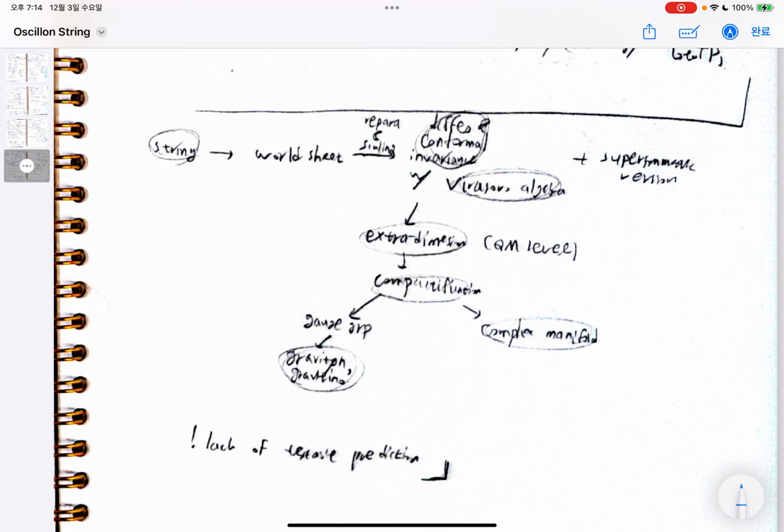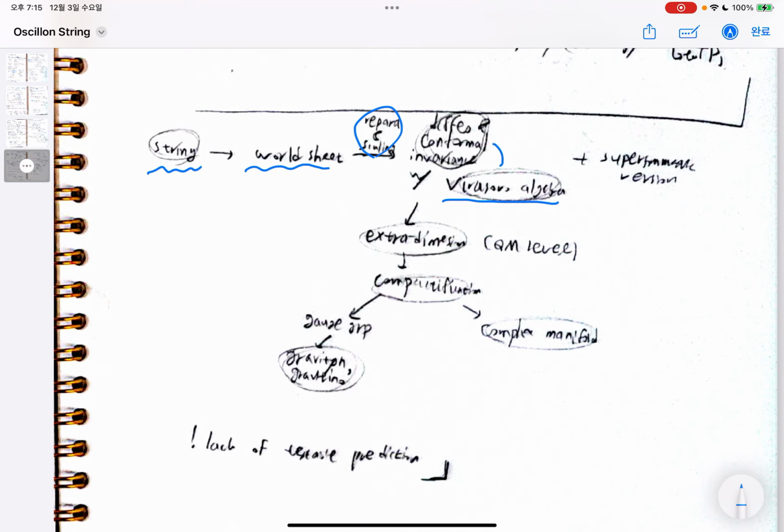So here is our journey through the introduction of string theory. Because I'm not an expert in this, I don't know the details, but I wanted to give a brief overview of how the string, the extra dimensions, and the superstring gravitons arise. A string moves over space-time. This gives the world sheet, and this has a Lagrangian formulation, and the scaling invariance corresponds to diffeomorphism and conformal invariance, and we can construct the Virasoro algebra corresponding to this transformation.